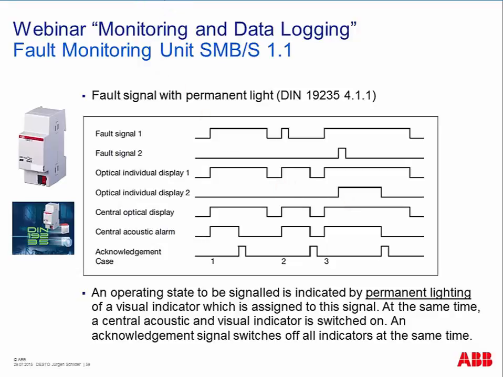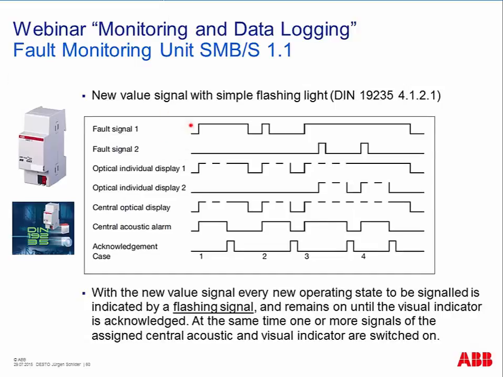Let's go to the next one, new value signal with simple flashing light. I don't go into all details right now, but you see the difference here. We talk about a flashlight now, not about a permanent light as an alarming. So, if fault number 1 appears, it starts with a flashlight. And we will see later on there are separate communication or group objects for flashlight necessary.